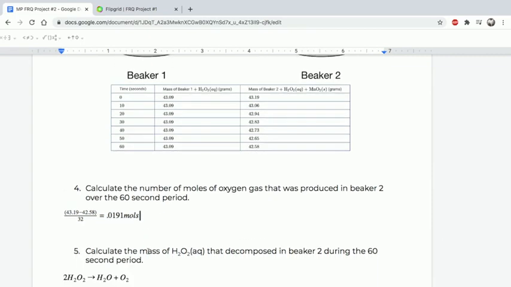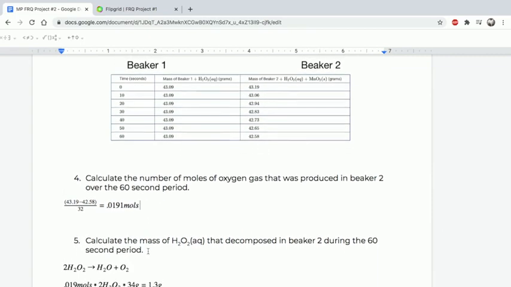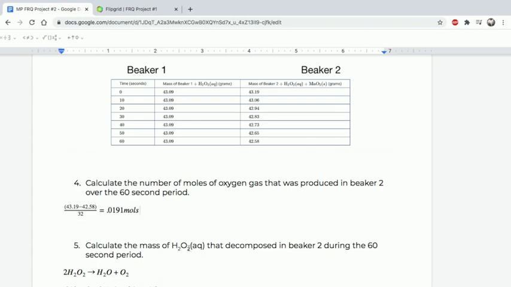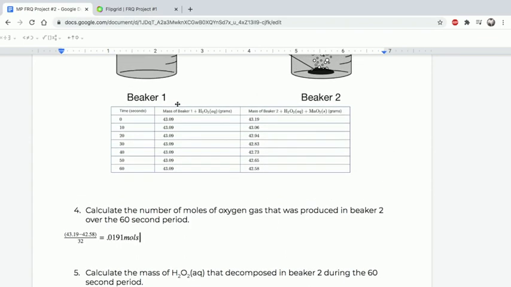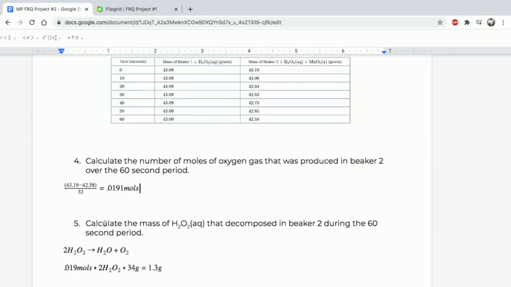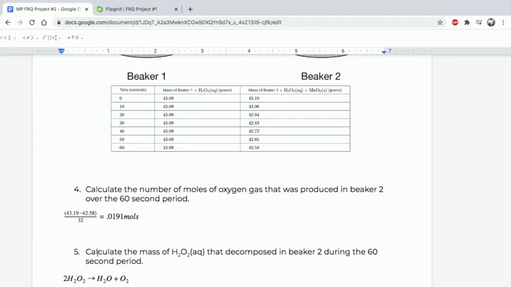So that's number 4. Number 5, we're supposed to calculate the mass of H2O2 that decomposed in beaker 2 during the 60-second period. When H2O2 decomposes, we create water and oxygen as our products.